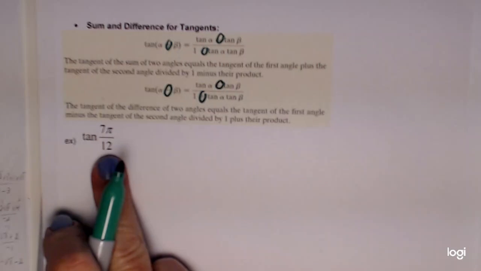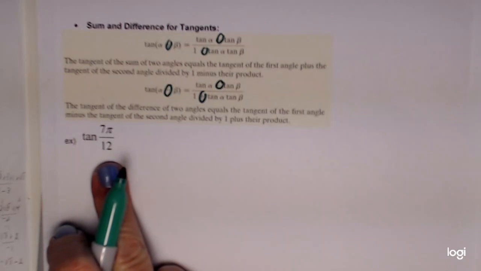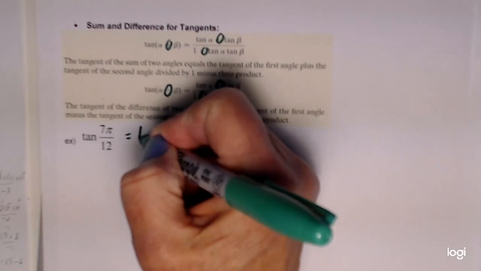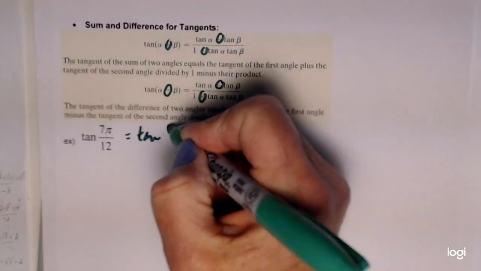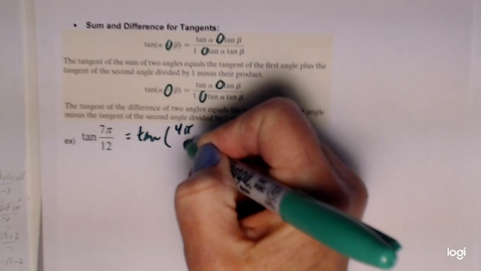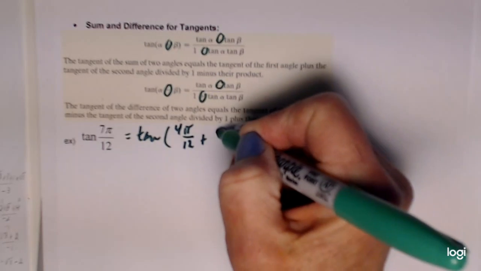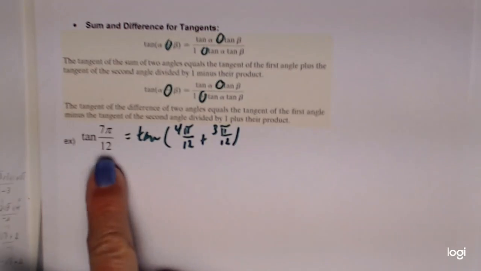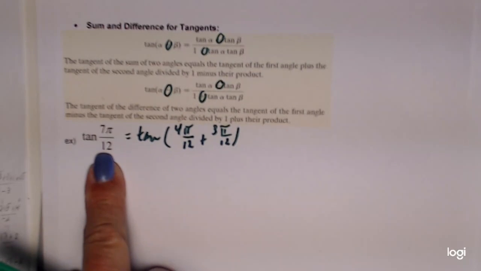We could use 4 pi over 12 and 3 pi over 12. So we would look at the tangent of 4 pi over 12 plus 3 pi over 12, and that's equivalent to the tangent of 7 pi over 12.